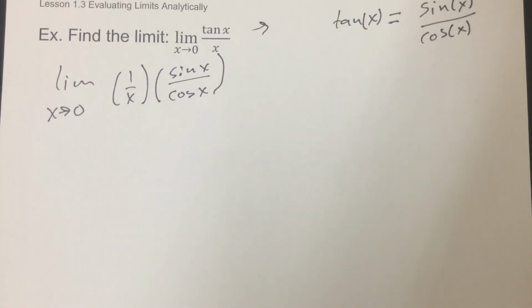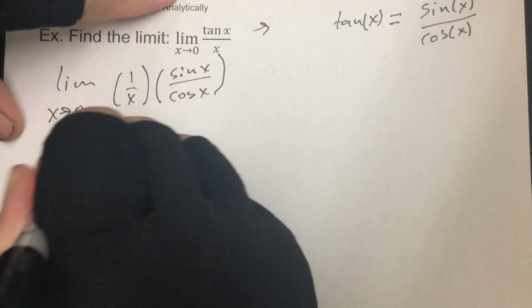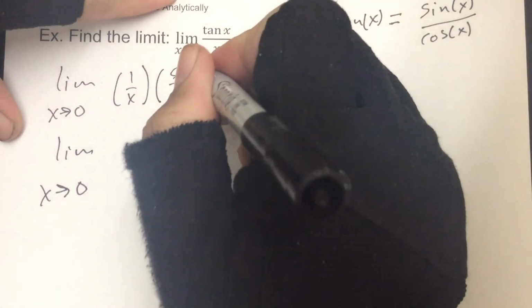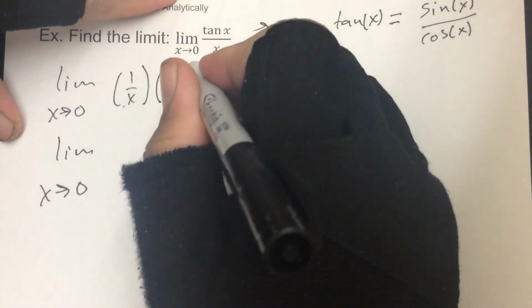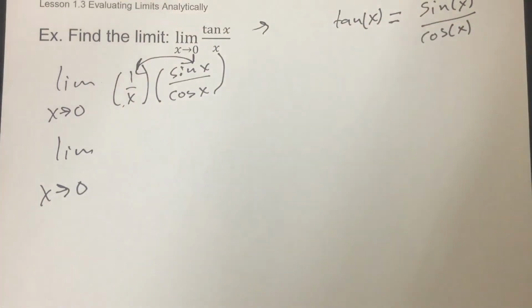From there, we're going to rearrange these a little bit. So the limit as x goes to 0, sine I'm going to put over the x. These are interchangeable, so I can switch these two around. We're multiplying, so multiplying is commutative.